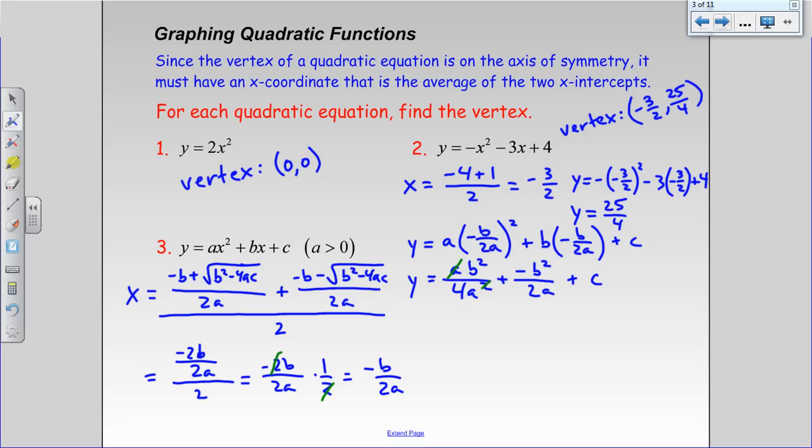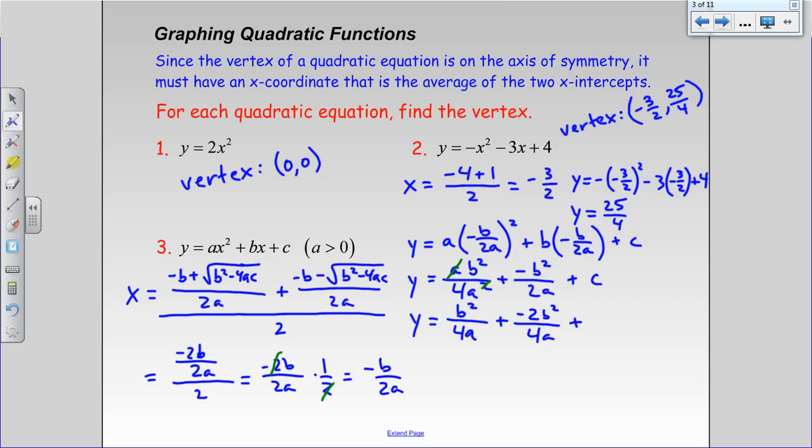Now if we want to combine our three terms, we would need a common denominator. In this case, the lowest common denominator for these rational expressions is 4a. So we can rewrite each expression with a denominator of 4a. The first expression already has that denominator. The second expression needs to be multiplied by 2 on the top and the bottom of our fraction.